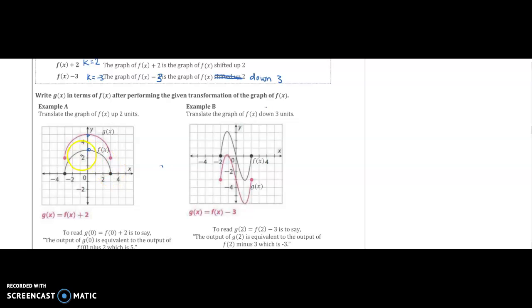So whatever that function was, the resulting function after the translation is the function plus 2. If we take a look at this one, the black one is the original function, and look, it gets shifted down 1, 2, 3. So this is an example of what it looks like when we have f of x minus 3. And again, in this case, k is 2, and here k is negative 3.